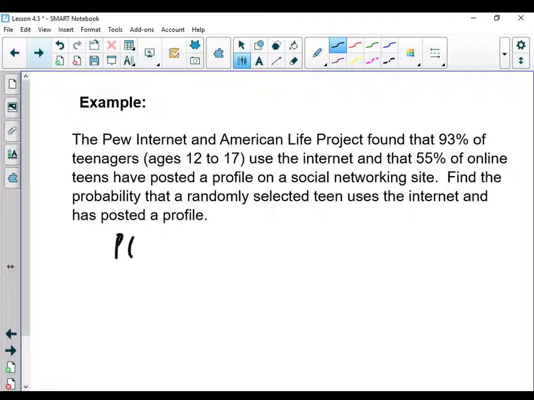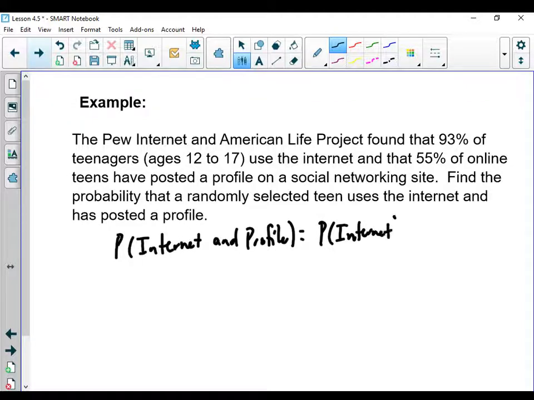So we want the probability that they use the Internet and they have a profile. Now this data is probably a little bit out of date because I'm guessing that percentage would be higher now, but first we figure out the probability that they have Internet, and we multiply that by the probability that they have a profile, given that they have the Internet.